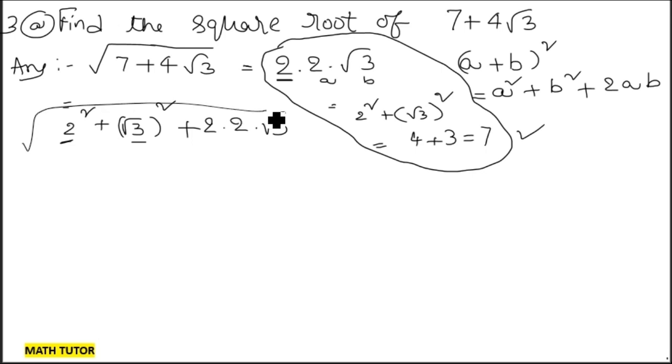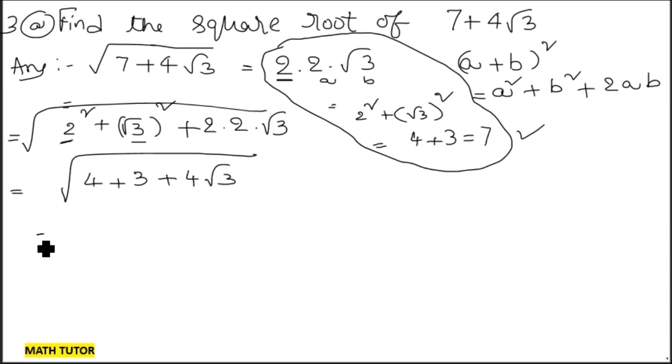That equals 2 square, which is 4, plus root 3 whole square, which is 3, plus 2 into 2 into root 3, that is 4 root 3. Again, we got the same thing. So here A is 2, root 3 is B. I wrote this step simply to show you that we are doing it correctly. No need to write this, you can skip it. This is for your own calculation.